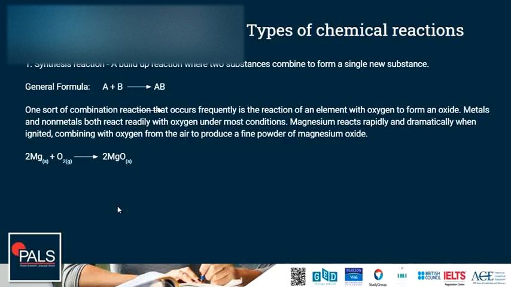The example equation we see below: two magnesiums react with an oxygen molecule to form 2MgO. You can see this reaction is already balanced. We have 2 magnesium atoms on the left, 2 oxygen atoms in an oxygen molecule, O2, on the left as well. We have 2 magnesium atoms on the left and 2 oxygen atoms on the right as well.